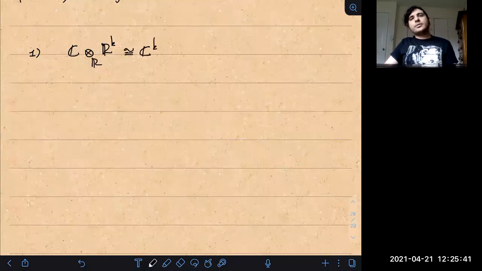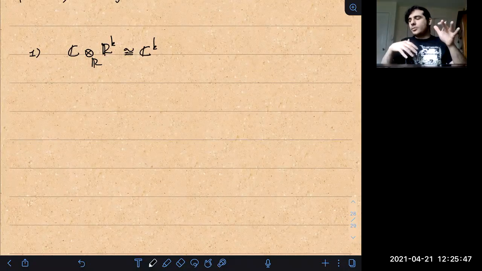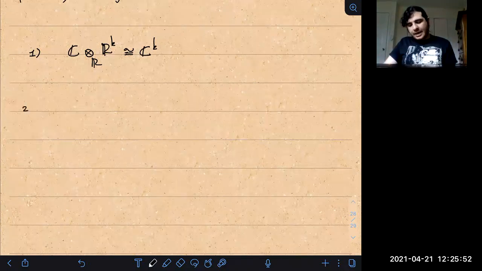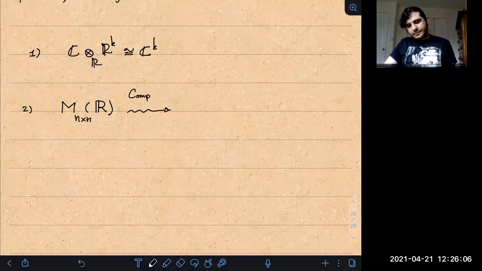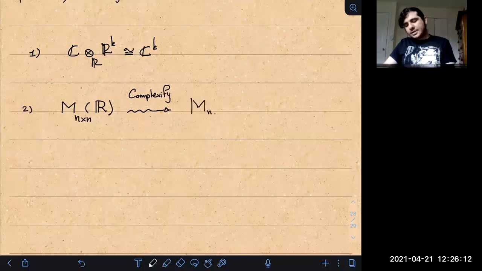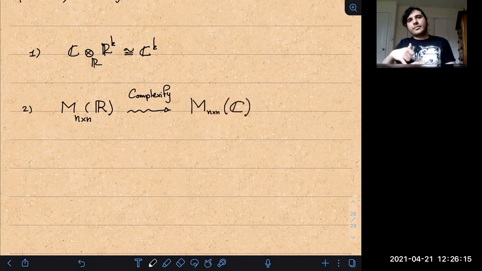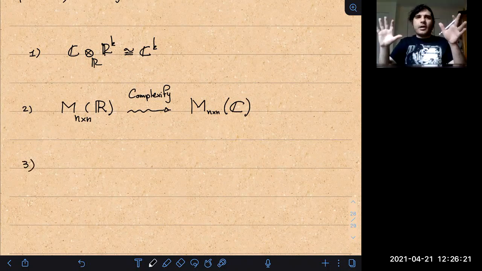Now the point is that we can do the same thing, not just with R^k, but with other vector spaces over R. For example, we have the set of all n by n matrices over R. If we complexify this, we would get the set of n by n matrices over C.